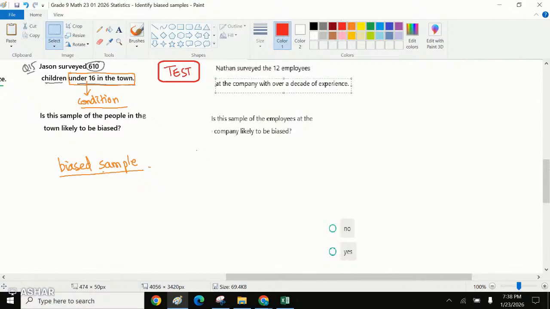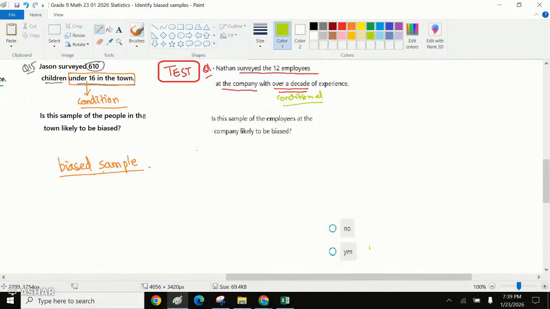Okay. So this was our question number 1. What Nathan is doing, he's surveying 12 employees at the company having over a decade of experience. He's not saying any employee can be interviewed or surveyed, right? So when the condition is there, we just saw that whenever a condition is given to us, this is a conditional choosing, right?